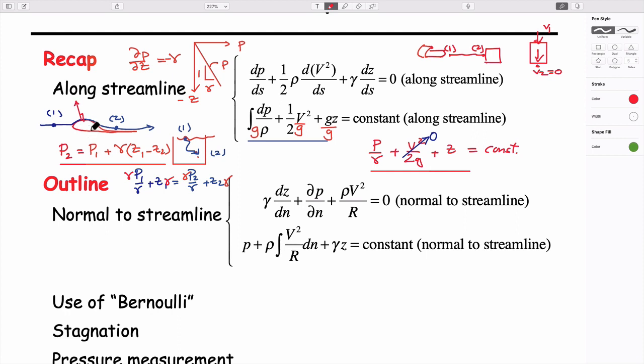And so one question we might have is, if we have a second streamline that kind of parallels this, and we'd have one below as well that would do this, what would be the pressure difference as we went from point number 3 to point number 4 on here?